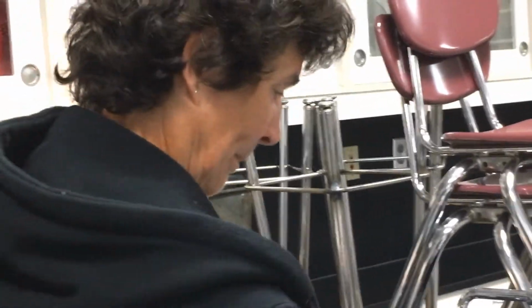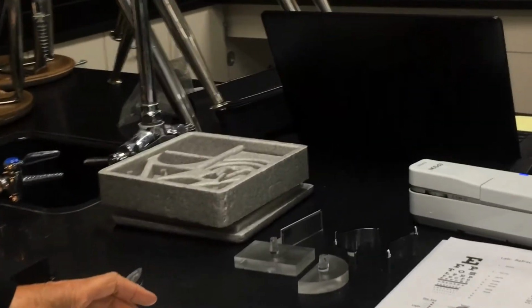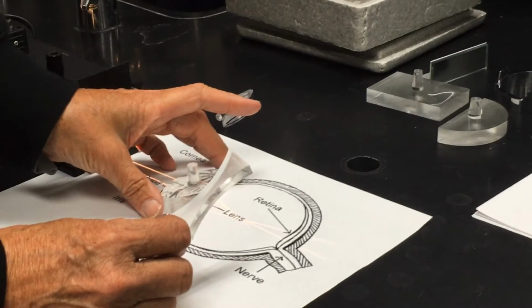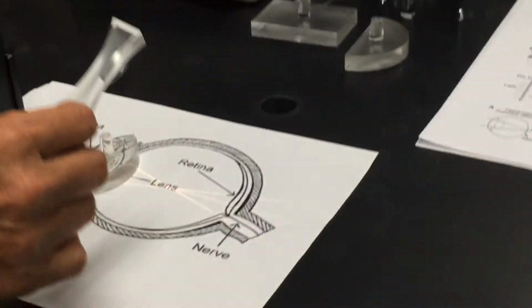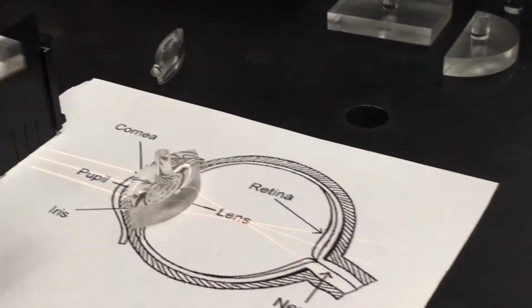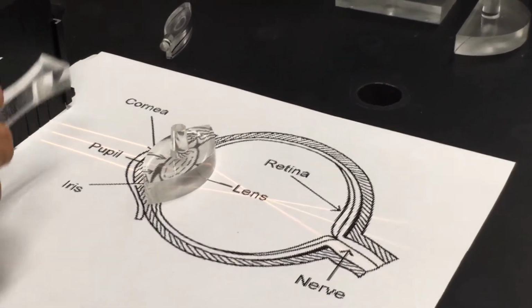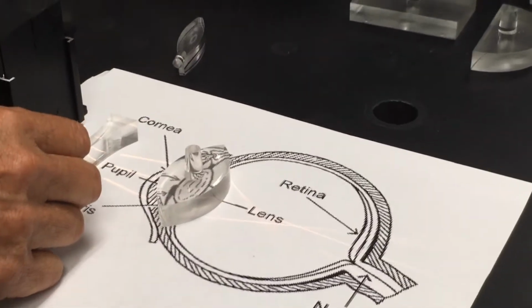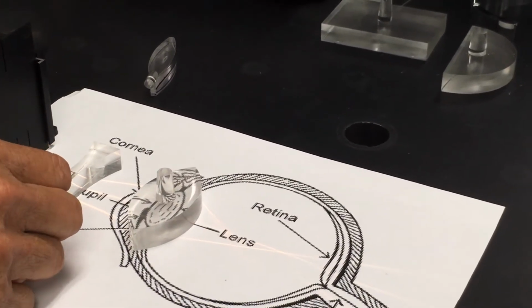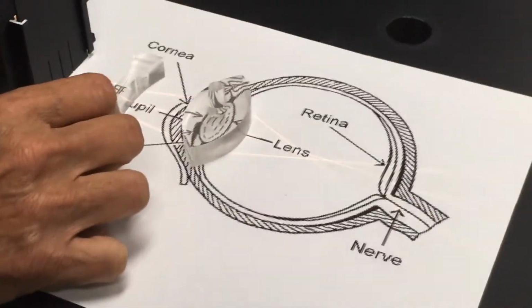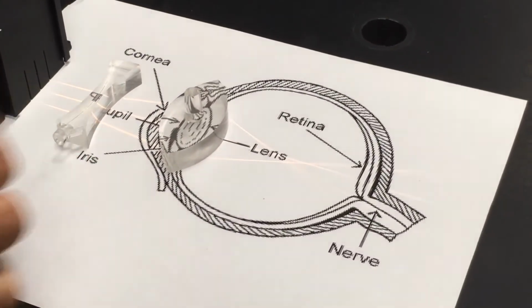But let me just show you what an optometrist would do. He would take a look at your eye, and he would figure out where the focal point of that eye's lens is, and then he would prescribe another lens. Now I'm going to use the double concave lens.